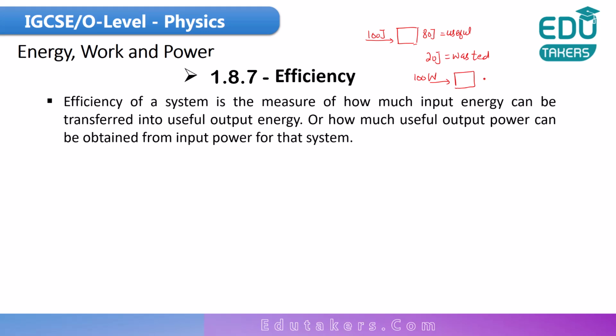So I suppose that again 70 watt is the useful power and the remaining is wasted here. So I can simply say that how much useful output power is obtained from the total input power is basically the efficiency, or how much total input power is converted into the useful output power is basically called the efficiency.